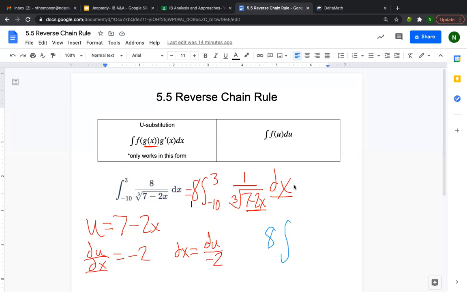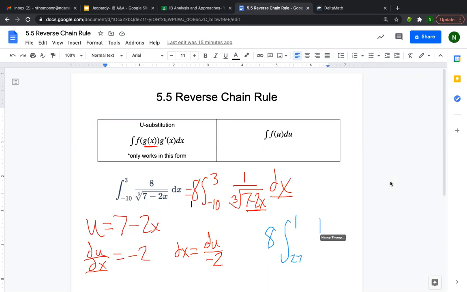So 7 minus 2 times -10. So that would be 7 plus 20, which is 27. And then 7 minus 6, which is 1. So I would have 27 and 1 here as my new boundaries.